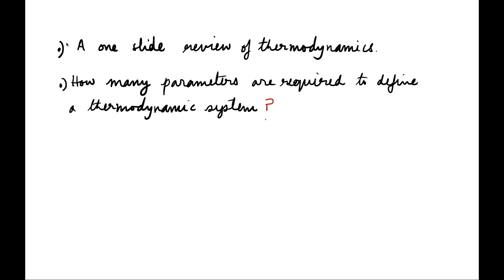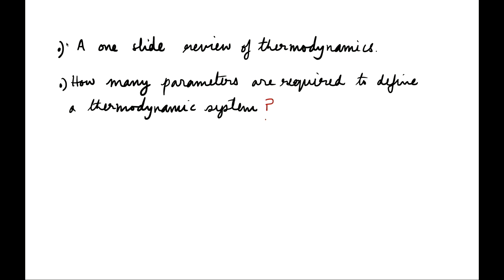Pressure, and if I say pressure and temperature, is that enough? Or should I say pressure, temperature and density? How many things should I measure? If I say pressure and temperature, then density gets fixed, right?